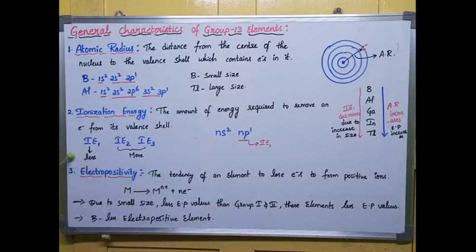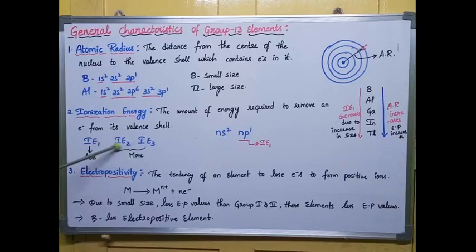IE1 values will be less, since the first electron in the valence shell has less nuclear attraction. But IE2 will be more, because the electrons in the ns orbital are paired. Paired electrons have some attraction with each other, so removing them requires more energy.